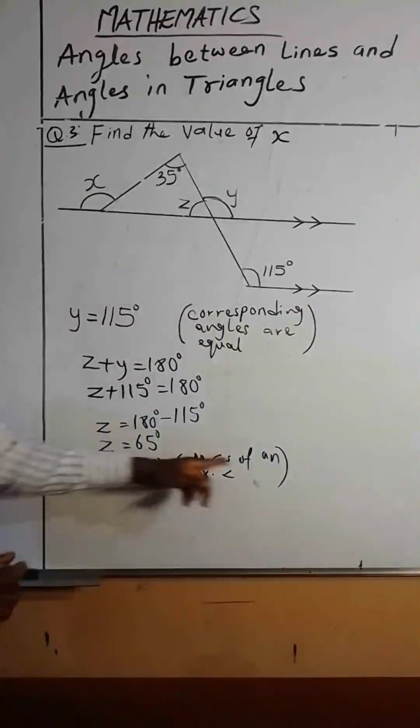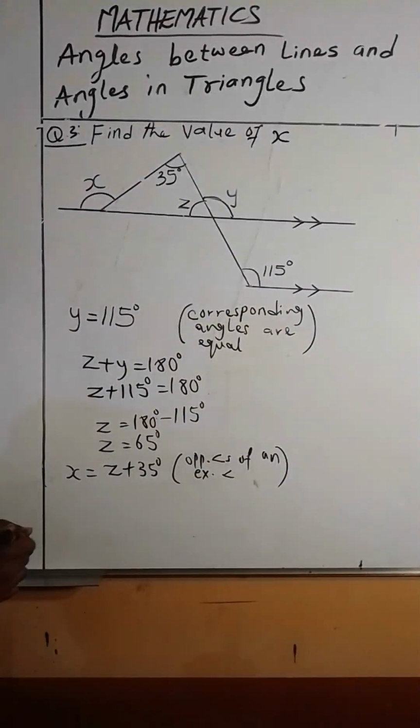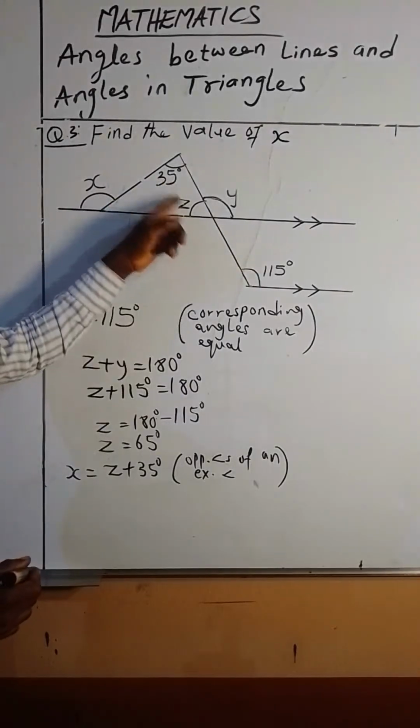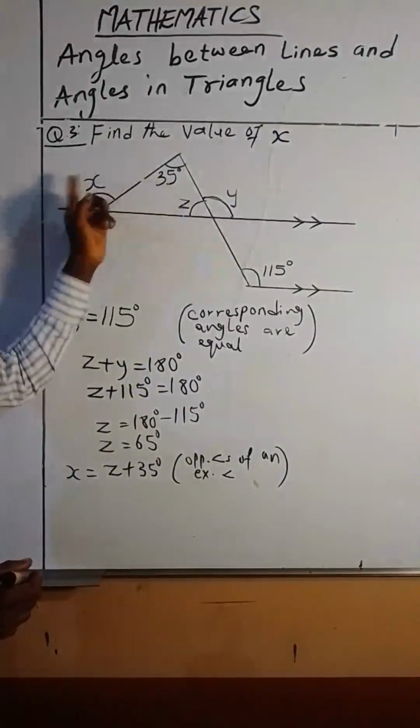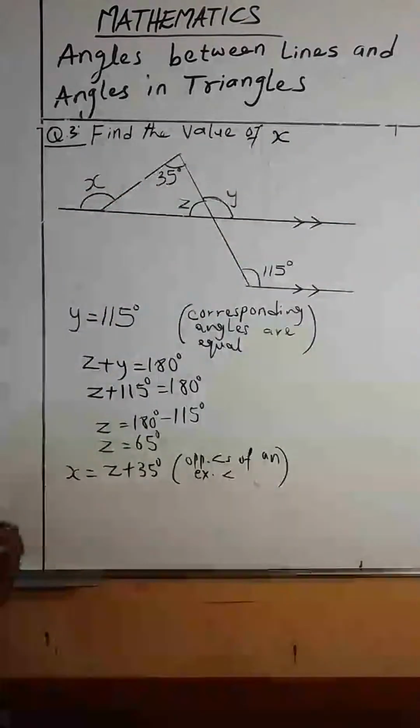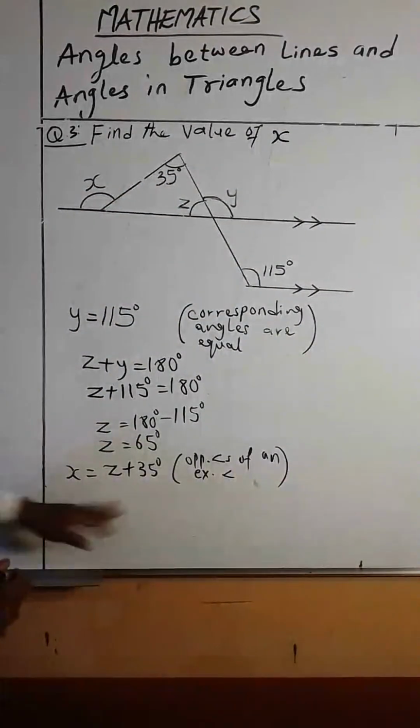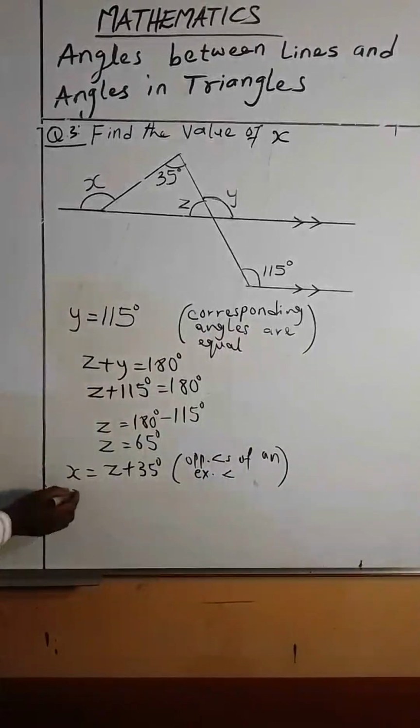These two angles are opposite angles to this exterior angle, which means when you add the opposite angles of an exterior angle, it is equal to the exterior angle. So that is the implication. Therefore, it means that our X is equal to Z.